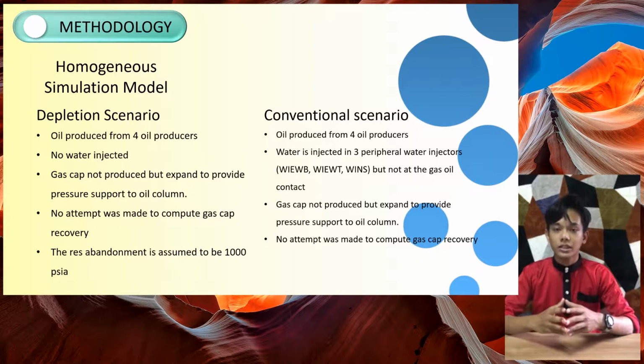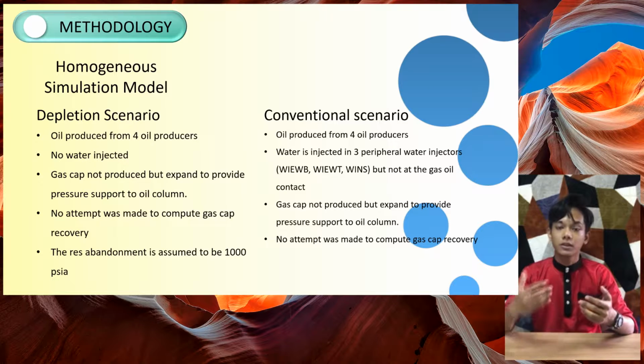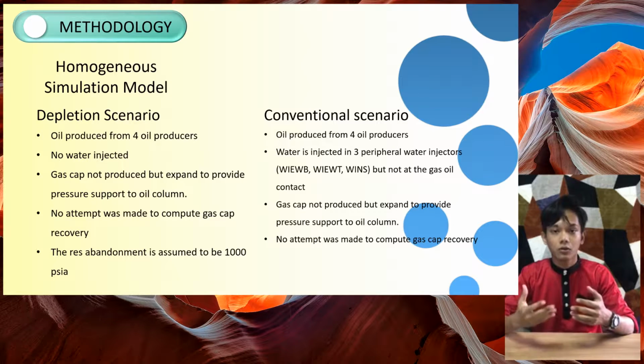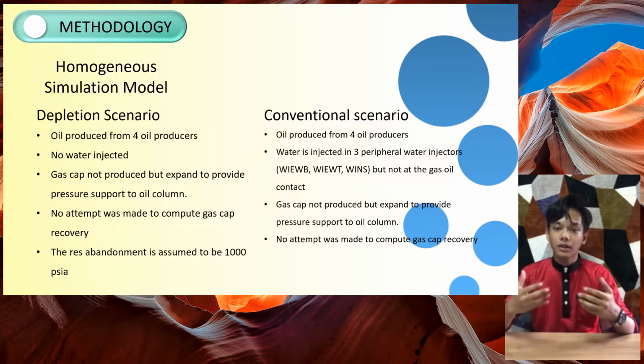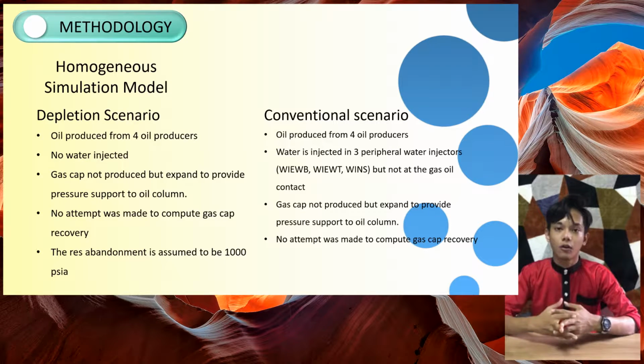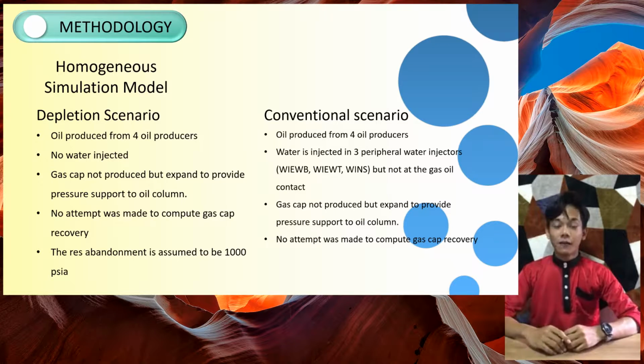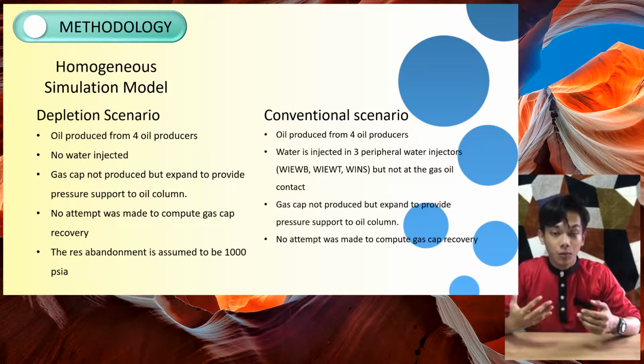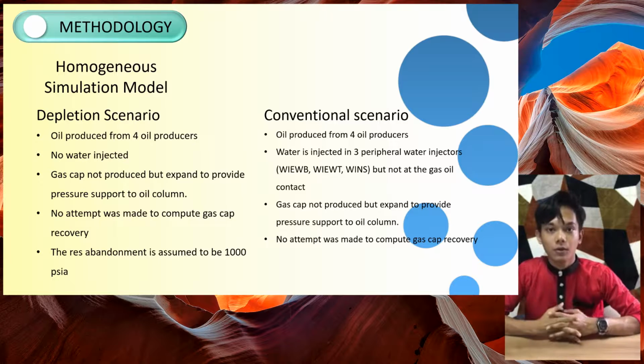There will be no gas cap produced in this scenario because the gas cap is not produced. And the abandonment pressure for the scenario is 1000 psia. For the conventional scenario, the oil is produced from 4 producers.